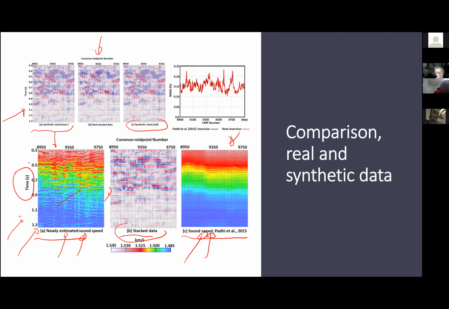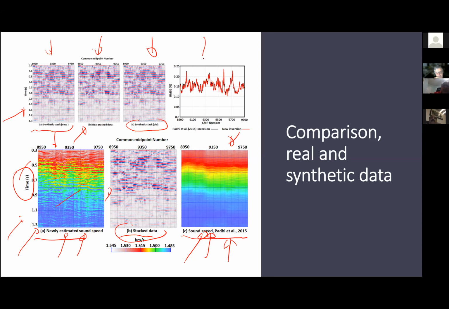This new inversion will probably give you some subtle variations. We have not done it yet, but if we compute salinity and temperature, it is going to give you subtle salinity and temperature variations within the oceans, which are not provided by the other model. But if you compare the synthetic data predicted using either of the models, they match the real stack data.